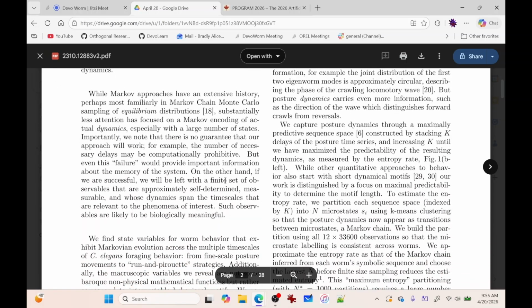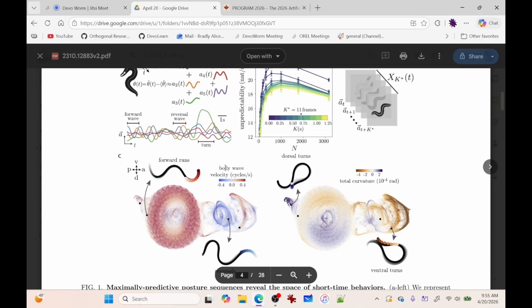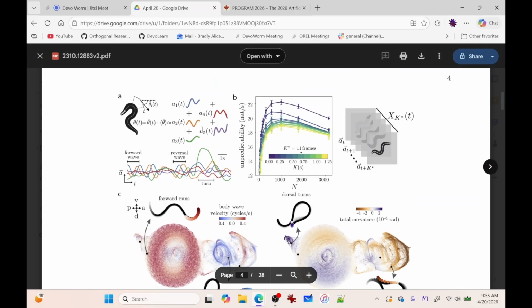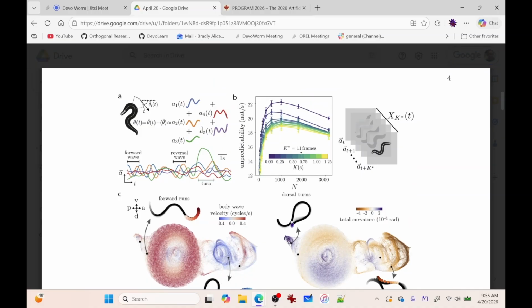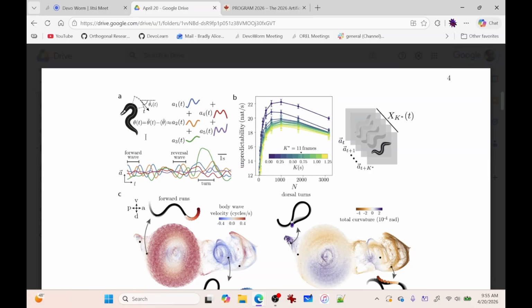And so this is where, let's see if I can find a figure. This is a figure here where this is maximally predictive posture sequences reveal the space of short time behaviors. So here they have this worm posture, which is just the worm sitting in this state. They extract, or infer, the time sequence, and they show these different components of the movement sequence.